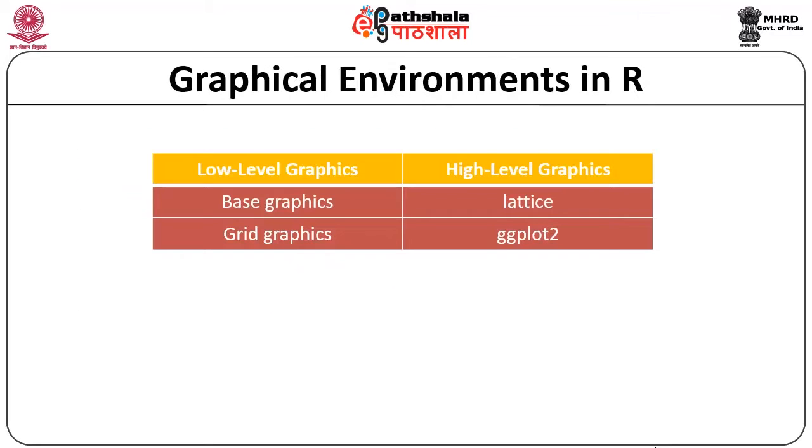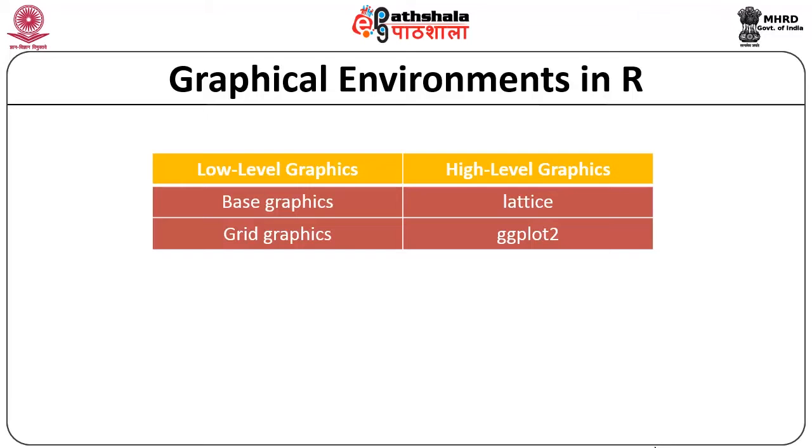The graphical environment in R can be broadly classified into two: low level graphics and high level graphics. The low level graphics in R support the base graphics and grid graphics. The high level graphics support lattice graphics and then gplots.